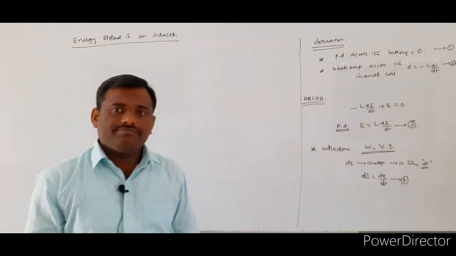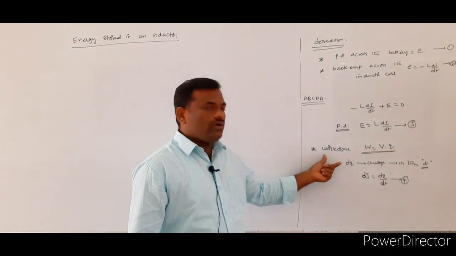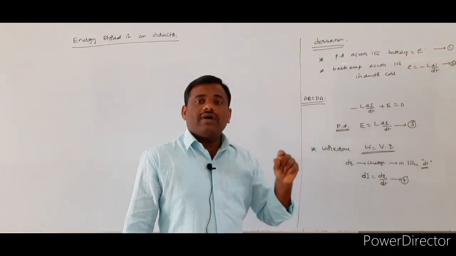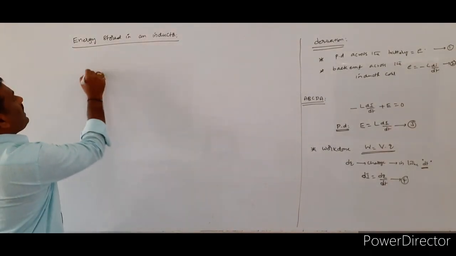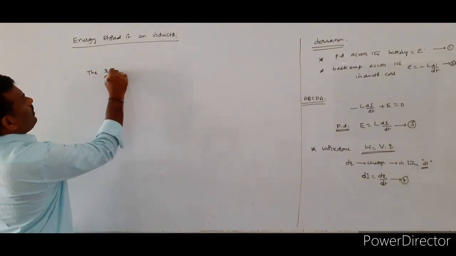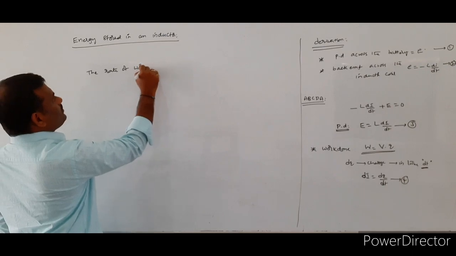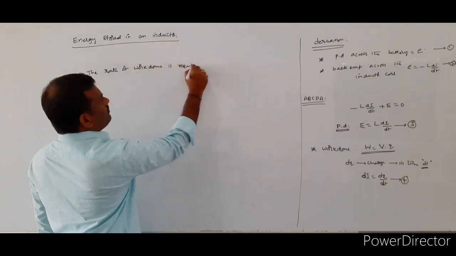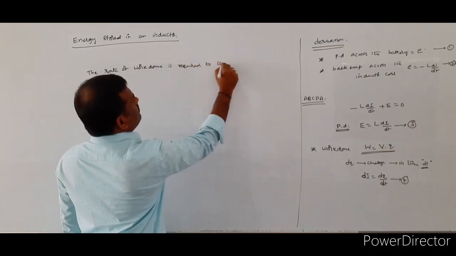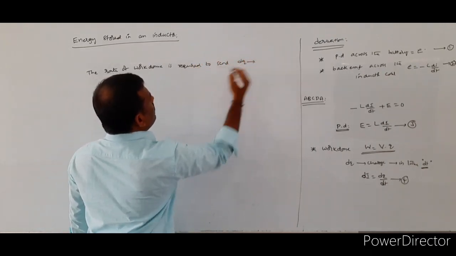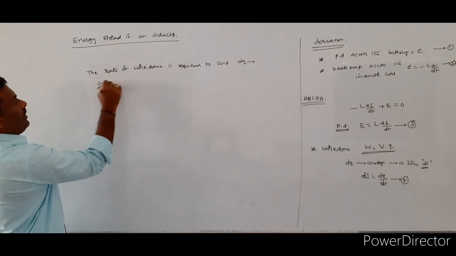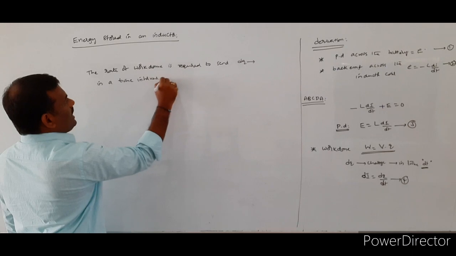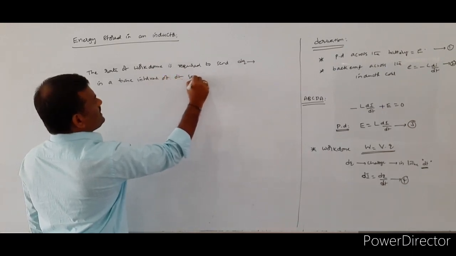So the total work done is W is equal to V into Q. But I want to calculate the rate of work done required to send dq amount of charge in a time interval of dt seconds.